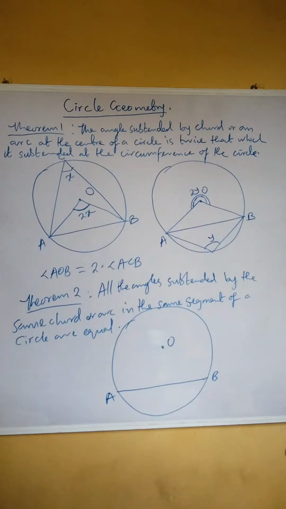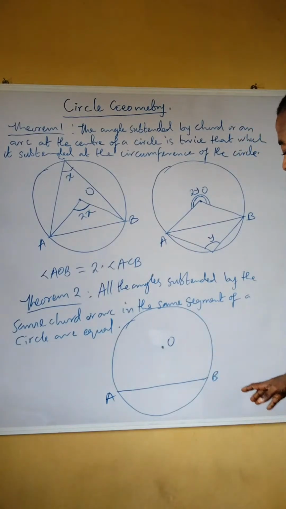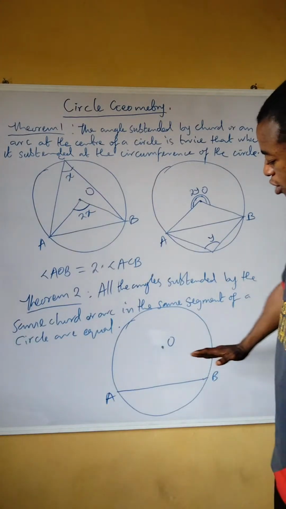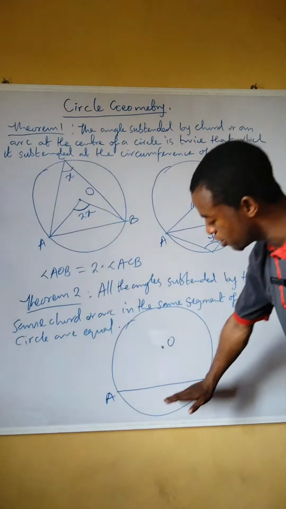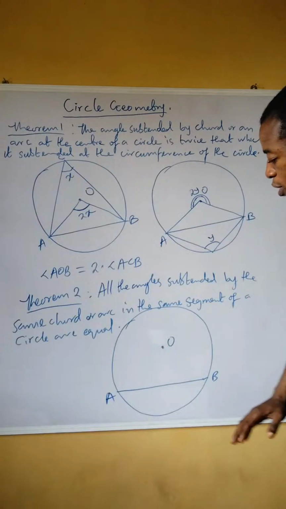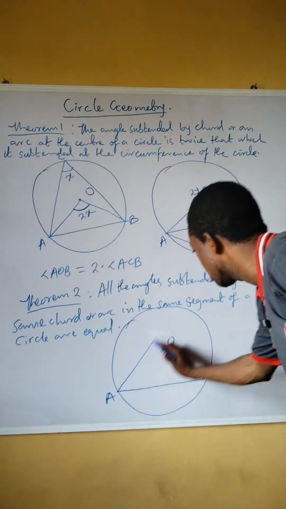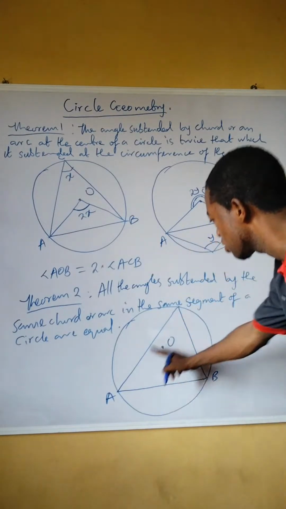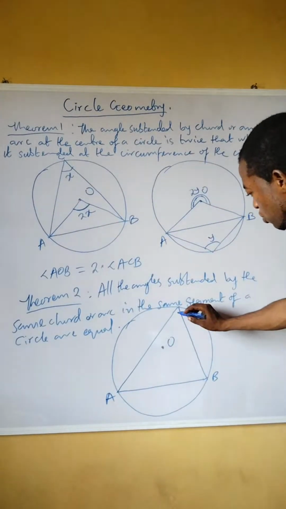This chord has divided this circle into two segments. We have the major segment, the bigger part, and the minor segment, the smaller part. This chord can form an angle at this part of the circle. That is, the two legs of the angle come from point A and point B. So we have this angle here.